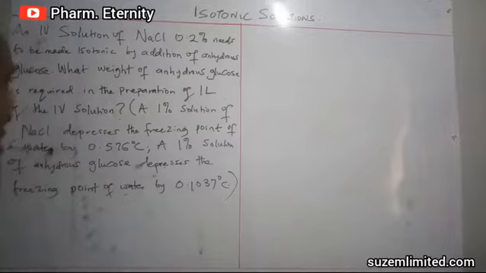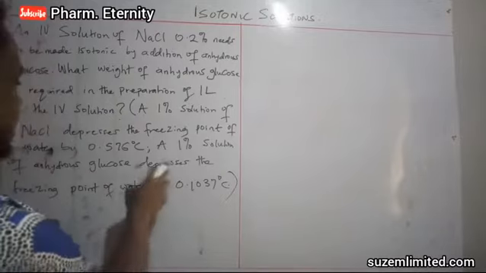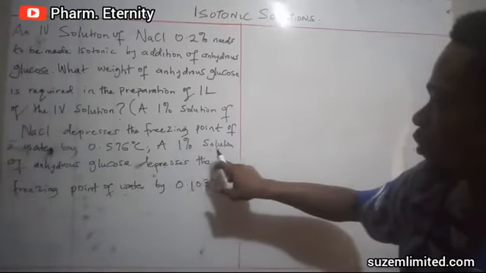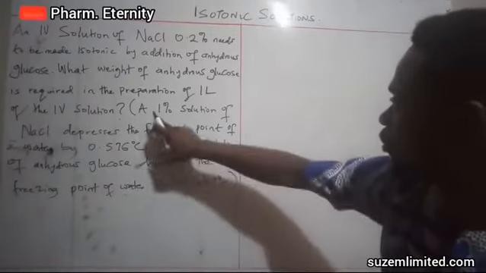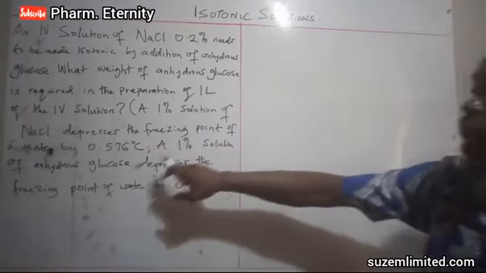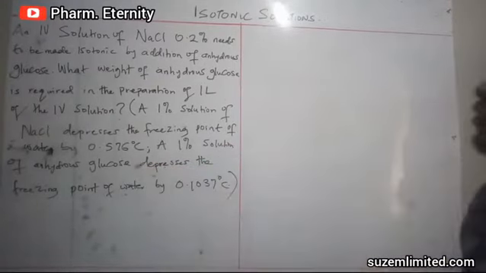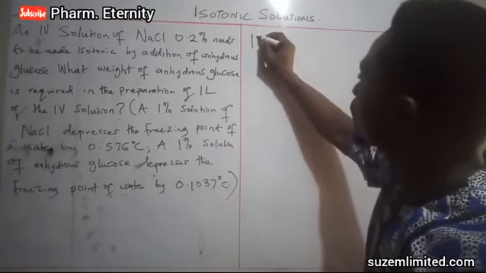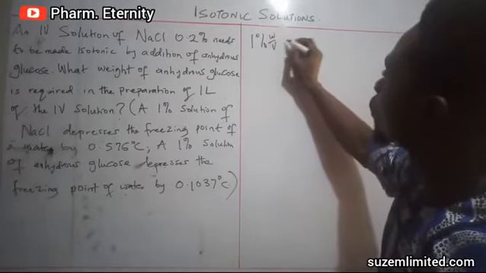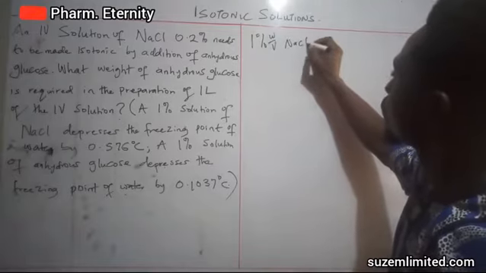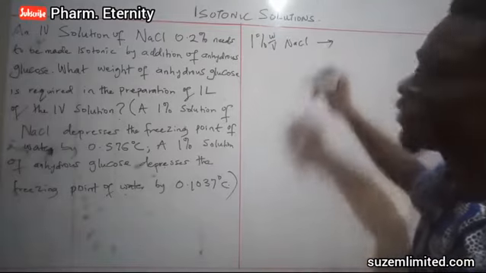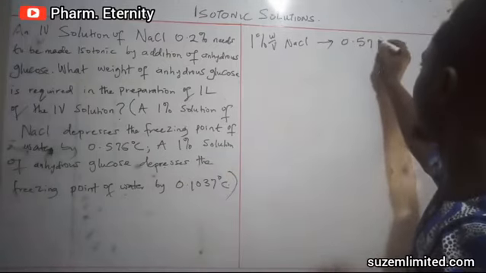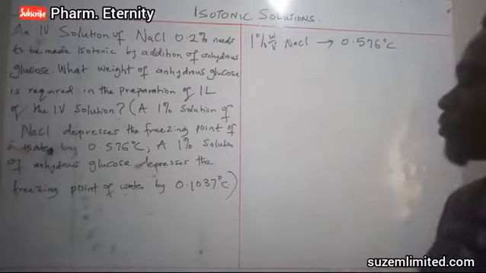We are given already that a 1% sodium chloride solution depresses the freezing point of water by 0.576 degrees Celsius.